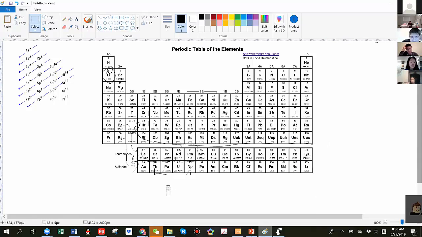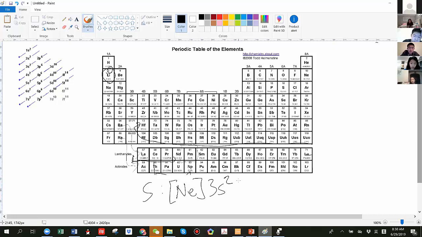So sulfur, just for convenience, is neon 3s2 and then 3p4. Does everyone agree with that?